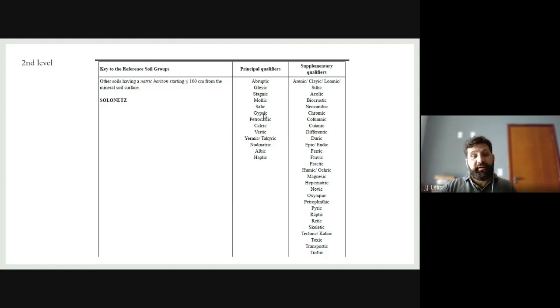How could I classify the soil? I should insert these principal qualifiers without commas, and after that, I insert the name of the reference soil group.